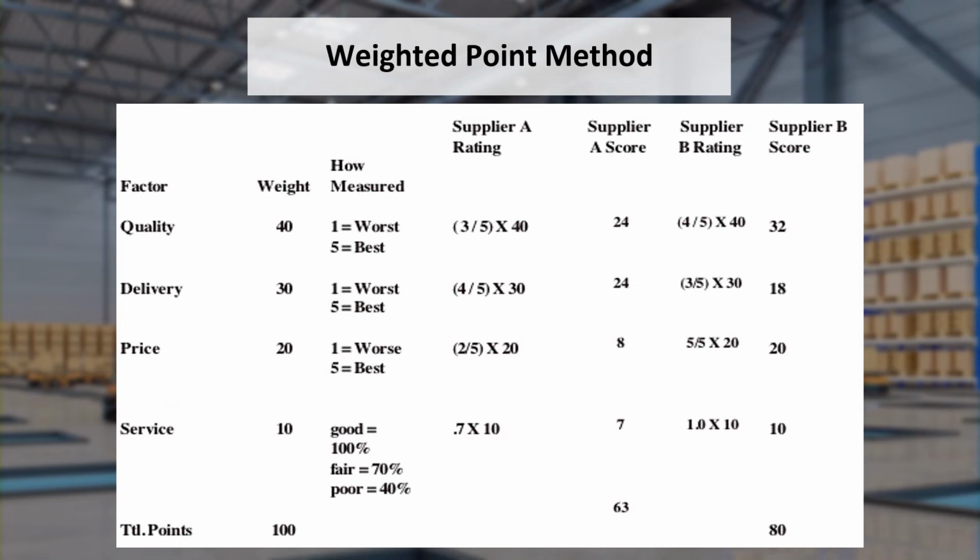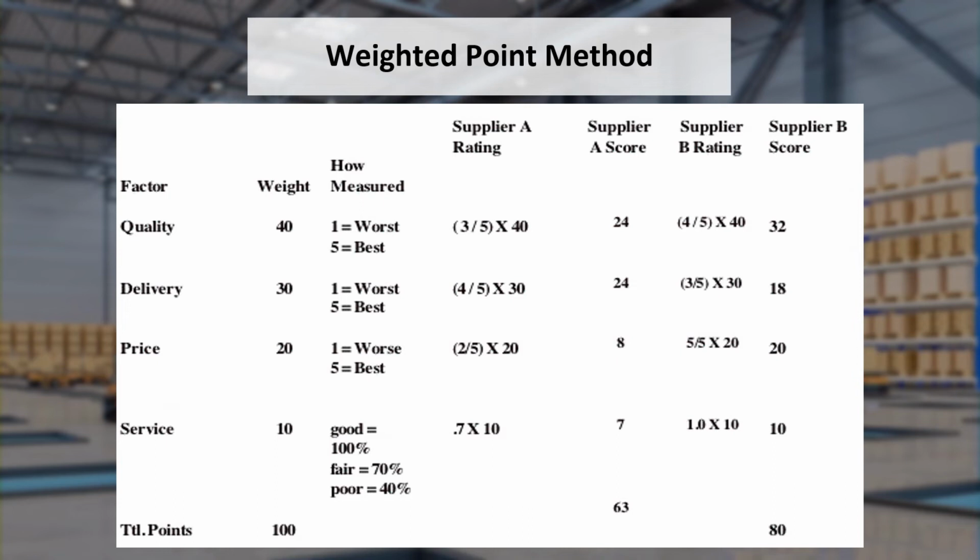So the factors could be quality, delivery, price and service. The highest weightage could be given to quality, that is 40%, delivery 30%, price 20%, service 10%. Now these weights are multiplied by how much each supplier is rated on each factor.